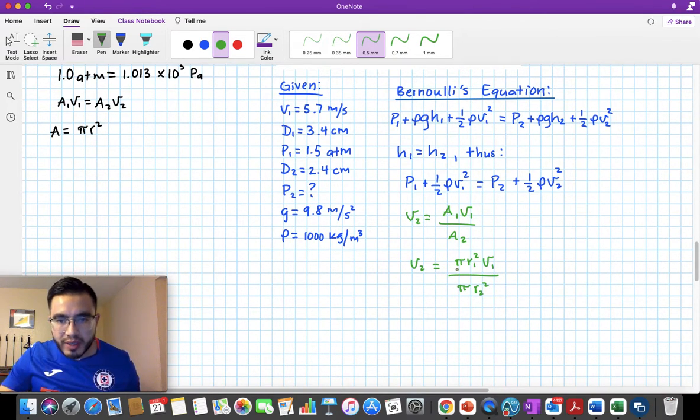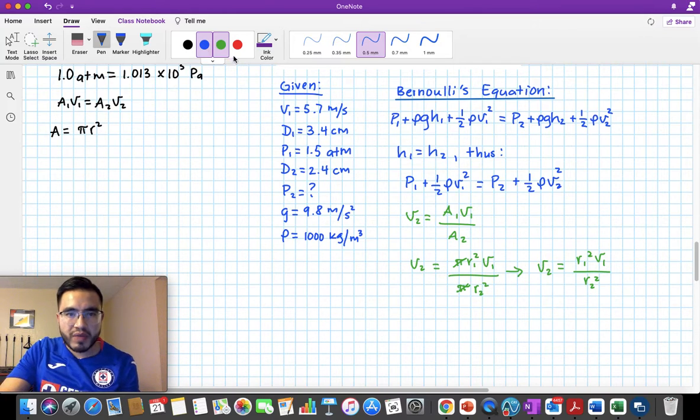Notice how we can cancel pi, and we can find velocity 2 with this equation: radius 1 squared times velocity 1 divided by radius 2 squared.